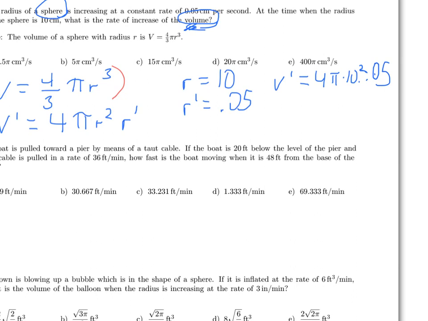And that gives us v prime is 20 pi. That's a rate of change of volume, and this problem is in cubic centimeters per second.